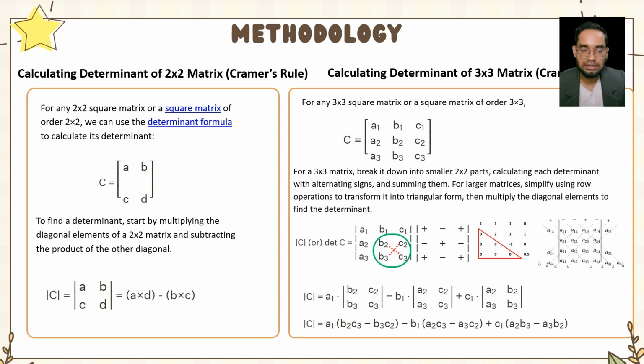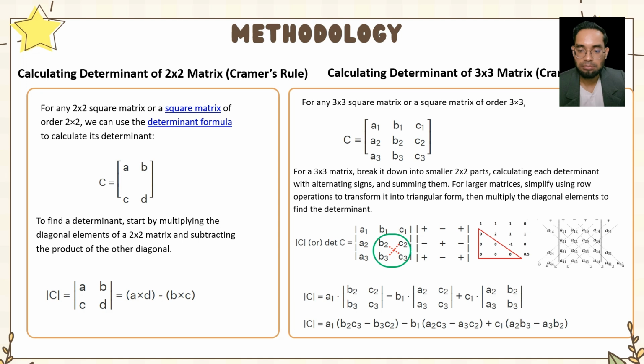The formula is Det of [A, B; C, D] equals A times D minus B times C. And on the right-hand side, a 3 times 3 square matrix is written with 3 rows and 3 columns: A, B, C, A1, B1, C1 and so on.